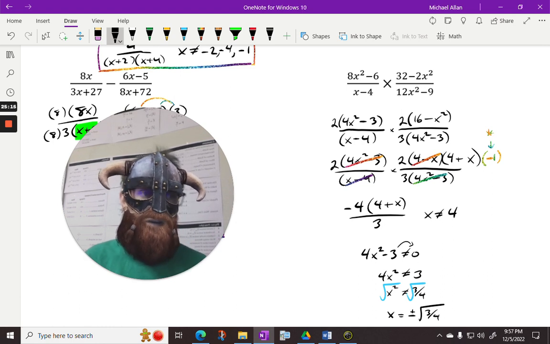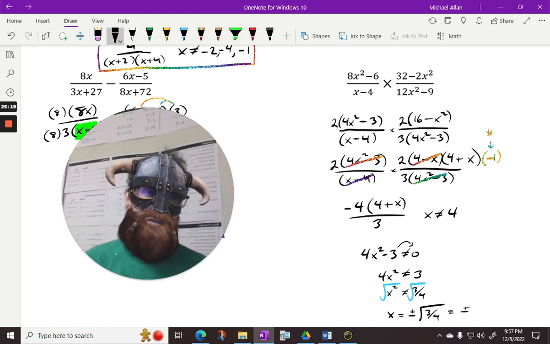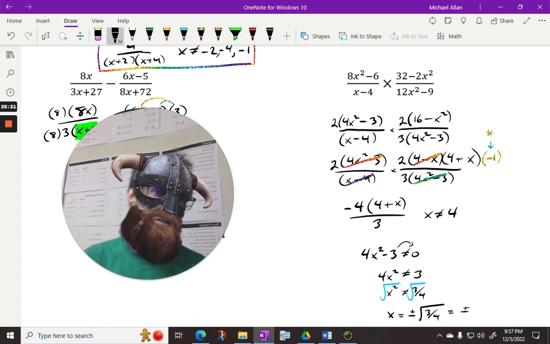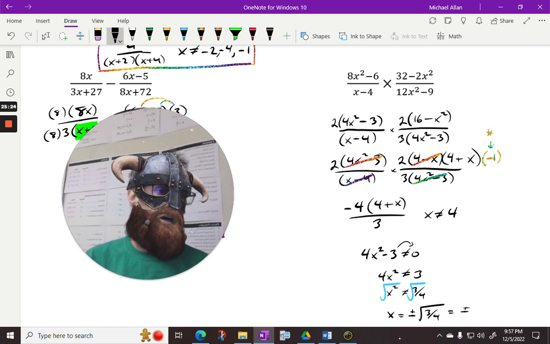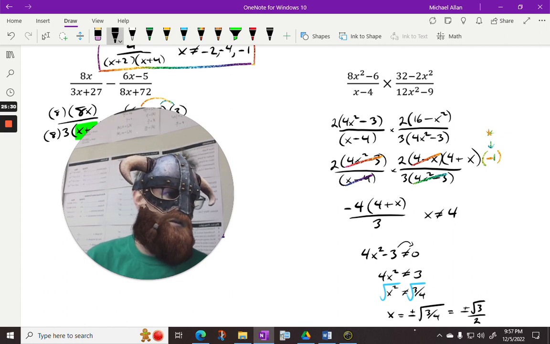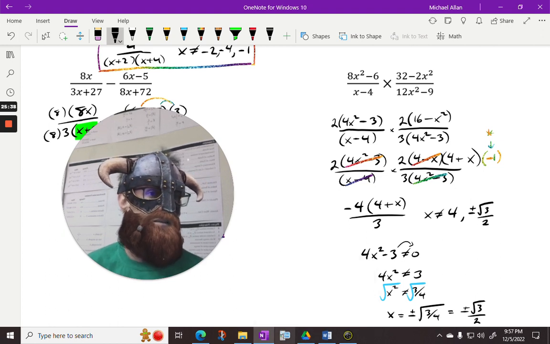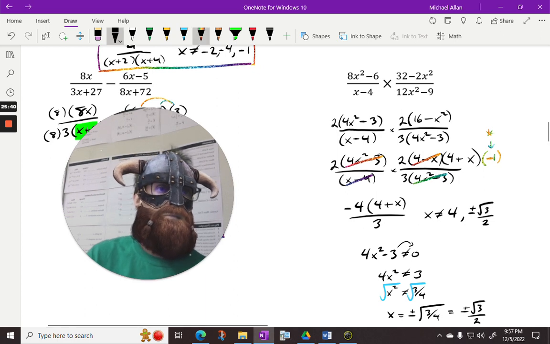And you could simplify that down, because when you take the square root of a fraction, you just take the square root of the top and the square root of the bottom. So plus or minus the square root of 3 over 2, because the square root of 4 is just 2. Either way doesn't really matter to me at this point. But we have 2 more answers that are going to cause some problems down there. All right, that's a weird one.